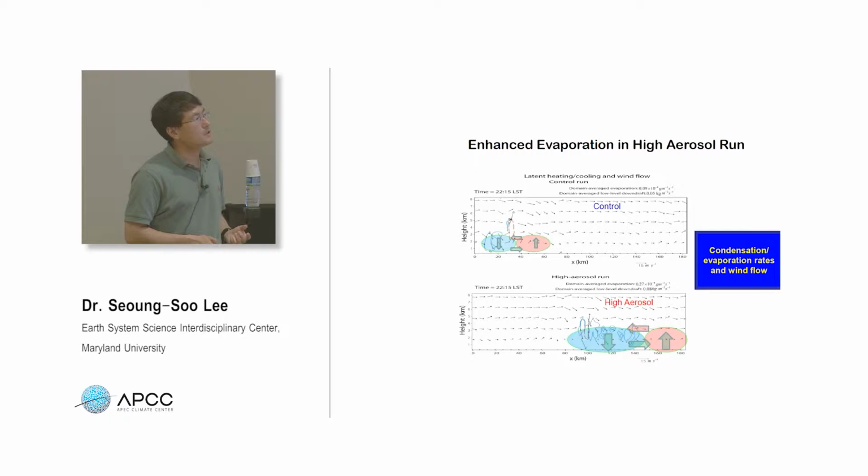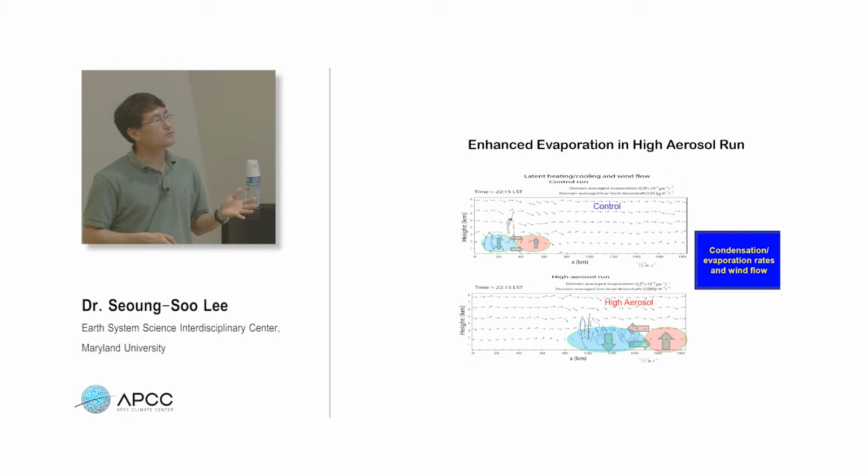evaporative cooling occurring in the high aerosol run, creating this stronger and more extensive cold pool in the high aerosol run. Due to delayed autoconversion, there's more cloud liquid in the cloud, so that there is more transportation of cloud liquid to the unsaturated areas, causing this higher evaporation in the high aerosol run.